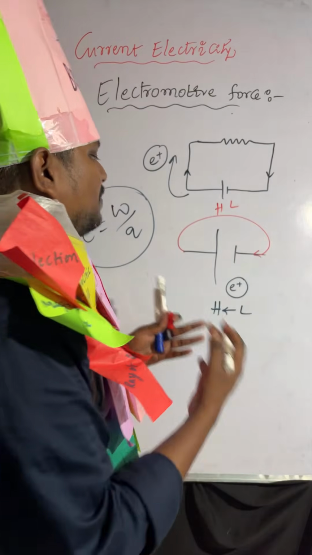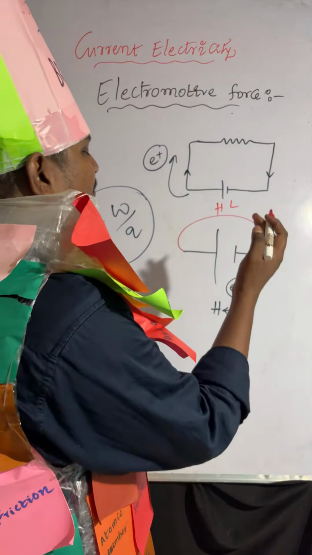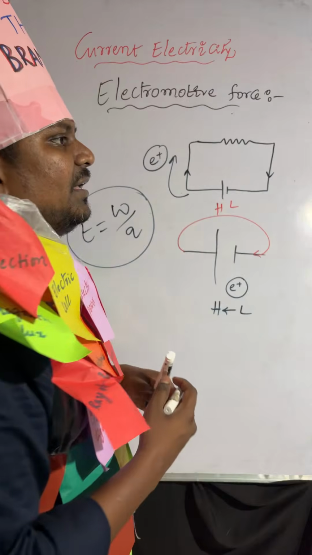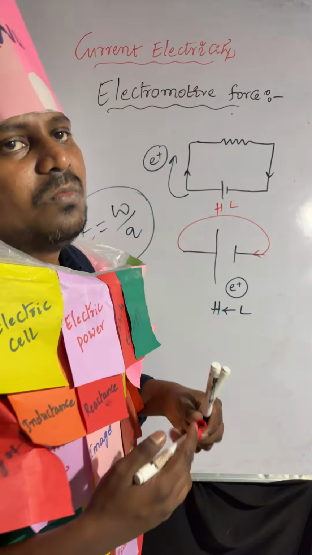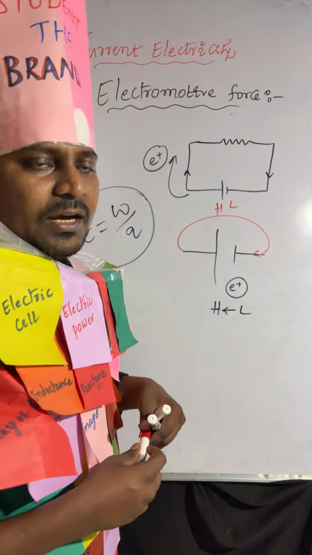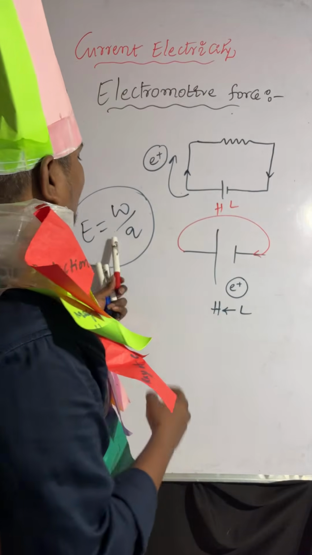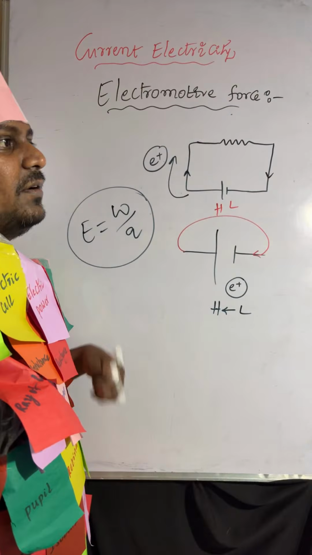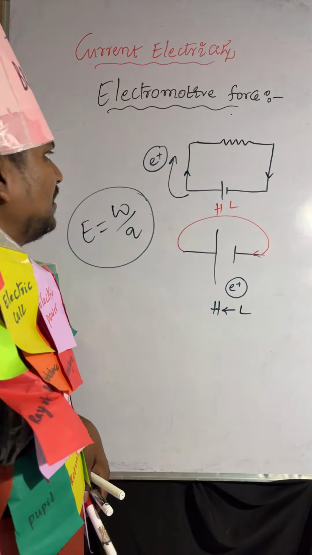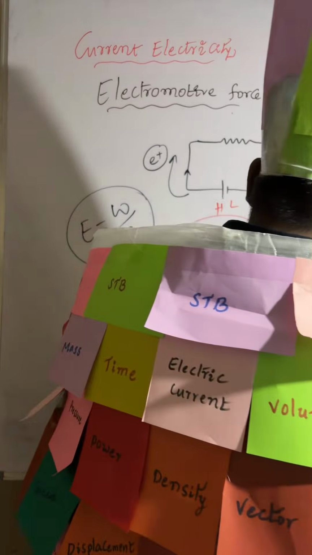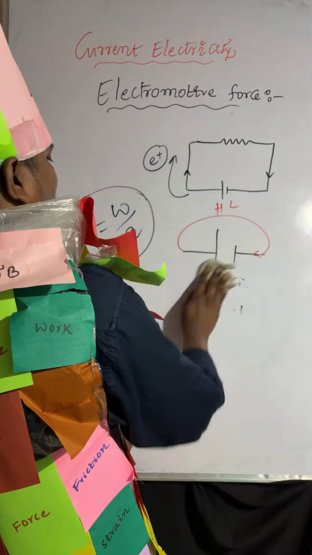So the work done to bring unit positive charge from low potential to high potential, negative terminal to positive terminal, that force is called electromotive force, EMF, E equal to W by Q. Understood or not? Yes, that is the electromotive force. Clear? Right. Next one.